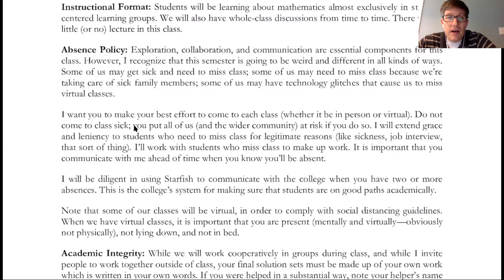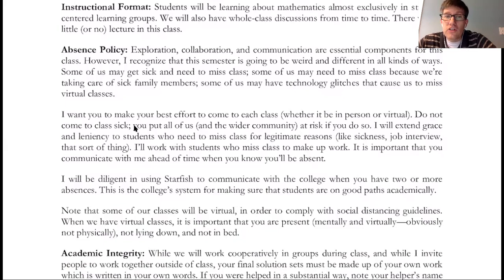There's going to be things that crop up. So my absence policy is this: I want you to make your best effort to come to class, whether that's in person or virtual. Okay. If you are sick, do not come to class, because you put everyone at risk if you are sick, right? I will extend grace and leniency to students who need to miss class for legitimate reasons like sickness, job interview, that sort of thing, okay?